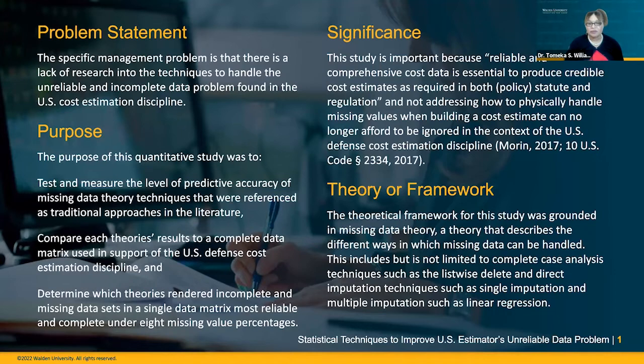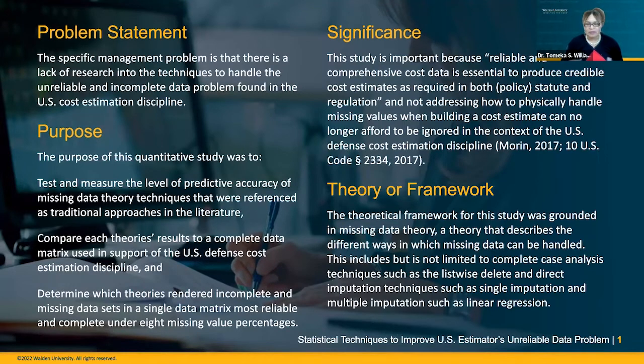So it's not like you can go to Walden or University of Virginia or Virginia Tech or even Stanford and say, hey, I want to be a cost estimator, let me see your curriculum. So I had to start with looking at how cost estimators are trained, and what the literature even says about how they should handle missing data.